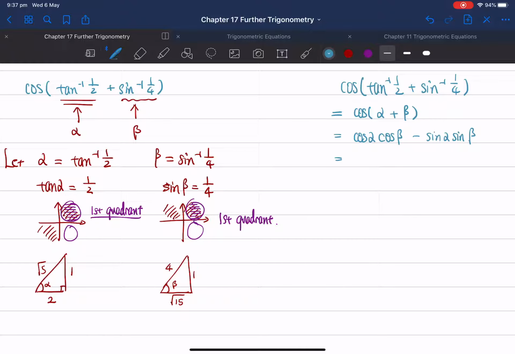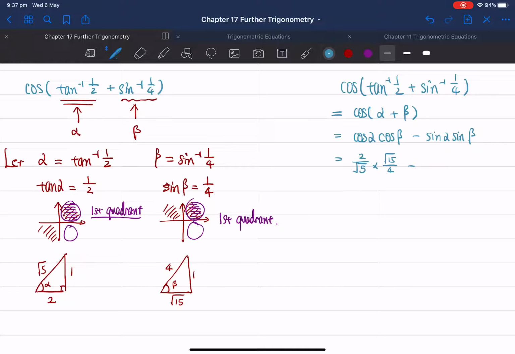So cos alpha: we're going to use the alpha triangle. Cos alpha is 2 over root 5, times cos beta. Now we come back to this triangle, so you have to pay attention to the triangle. That is root 15 over 4, minus sine alpha.